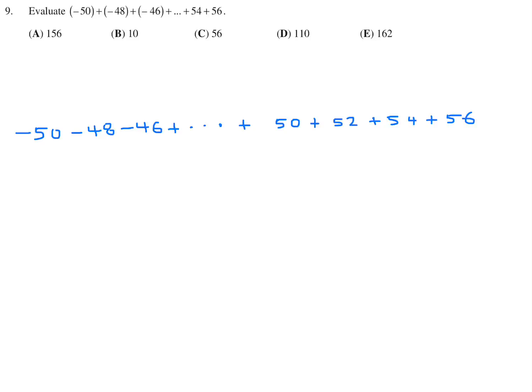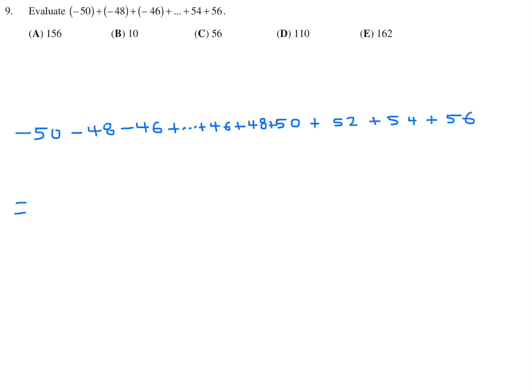Now, I'll draw a few more in the middle to give you a little bit better understanding of what's going on. So dot, dot, dot, and then I'll write in 46 and 48, like that.